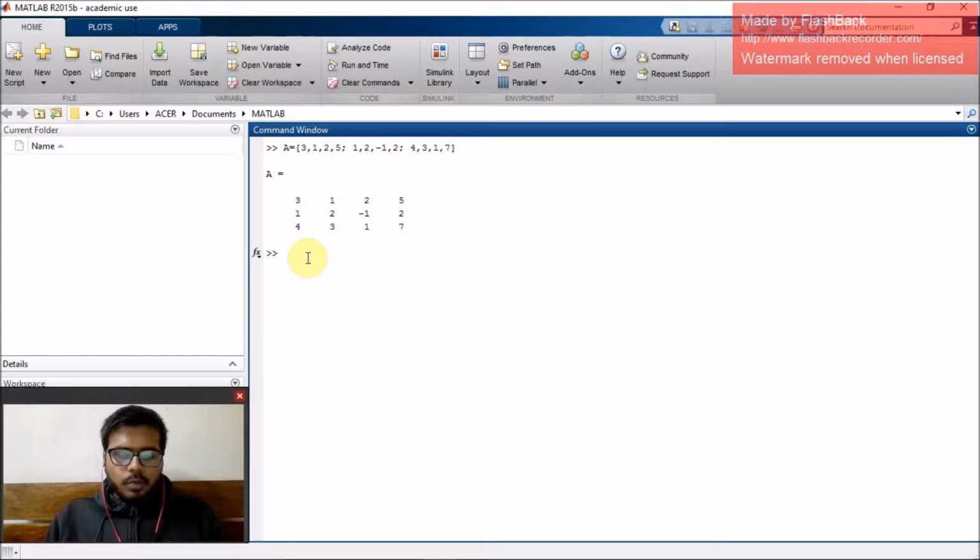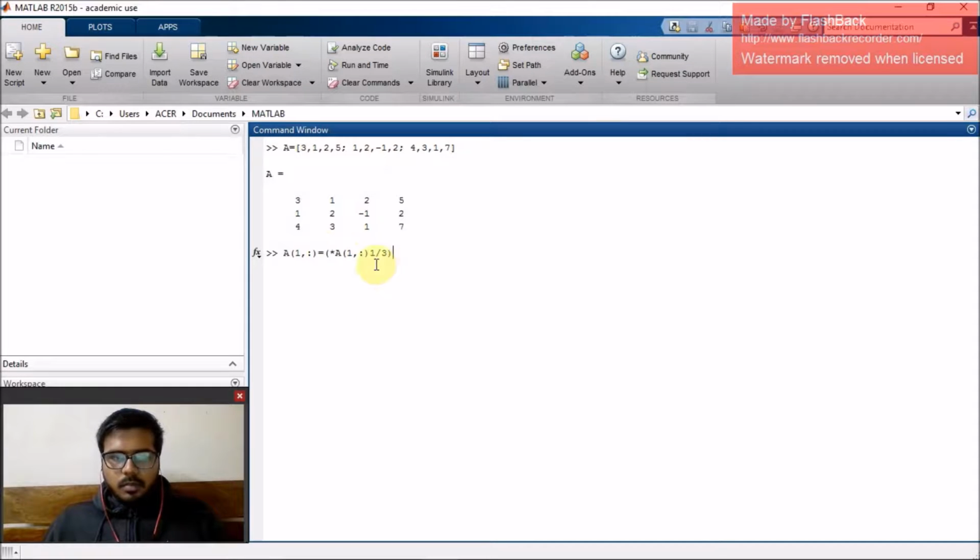How you do that is you put A, first bracket, then you select the first row, comma, colon, bracket, is equal to 1 by 3 into A, 1, colon. Now what I've done by writing this is I've selected all the elements of the first row and set them to be 1 by 3 times what they already are.